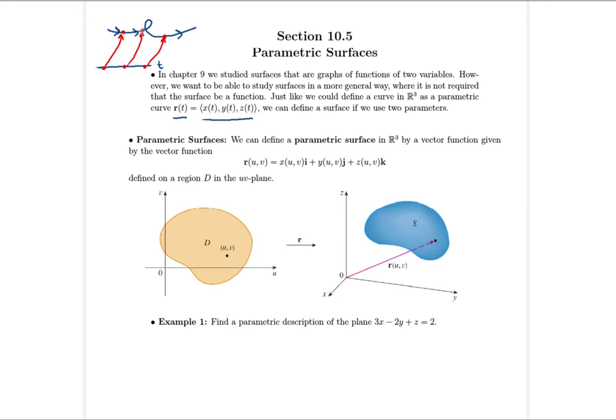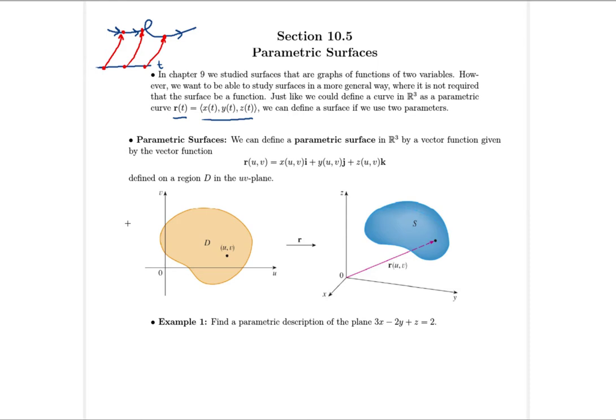So with parametric surfaces, you're going to need more than just a number line in order to create this surface. You're going to need a region in a two-dimensional space, right? So here, instead of just using a t, we're going to use a u and a v axis. And then we're going to form a domain within that uv plane.